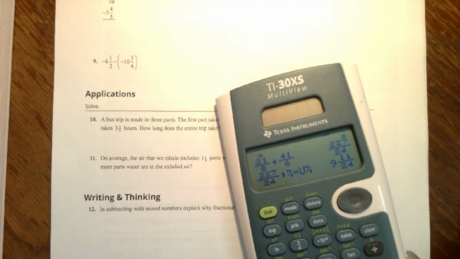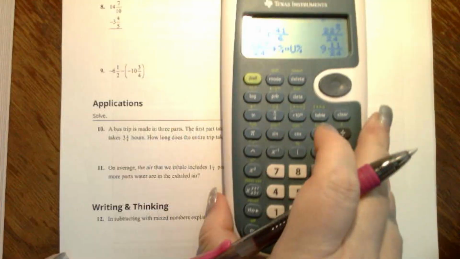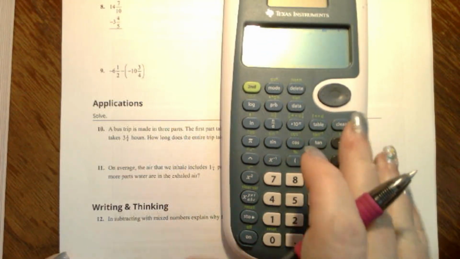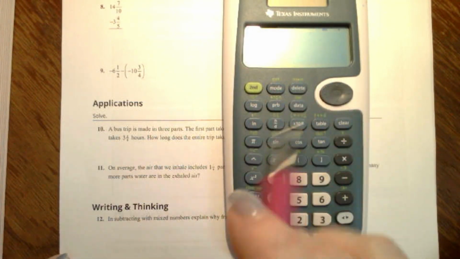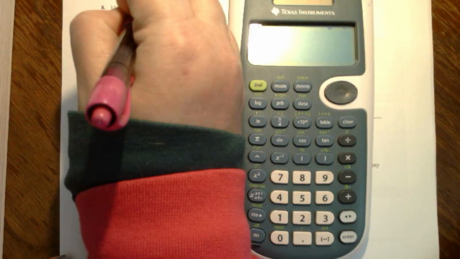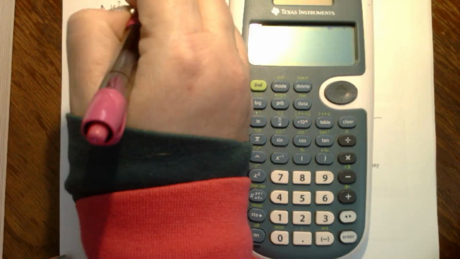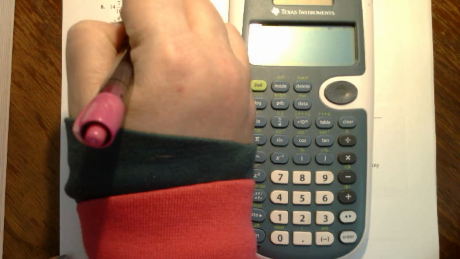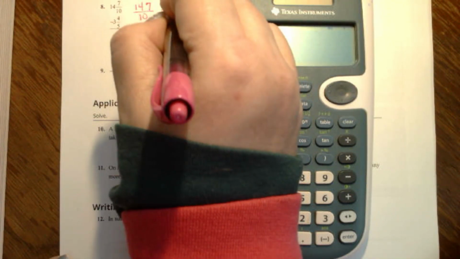And then for these two, they don't have common denominators, but it doesn't matter because your calculator doesn't need them. Clear. Make sure you put the top one in first. So that's going to be 147 over 10, minus, and then that's 15 plus 4, that's 19 over 5.